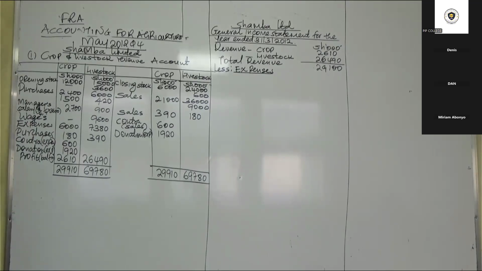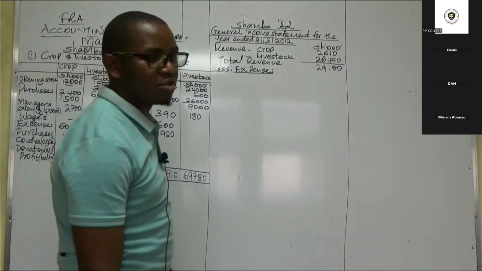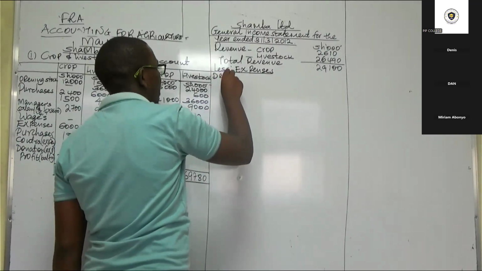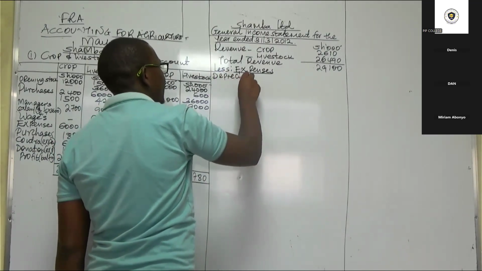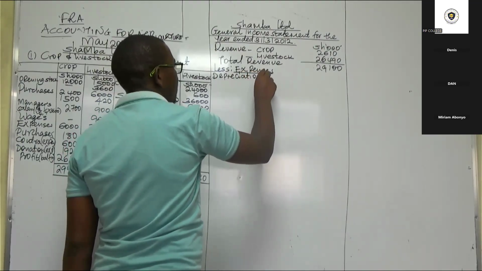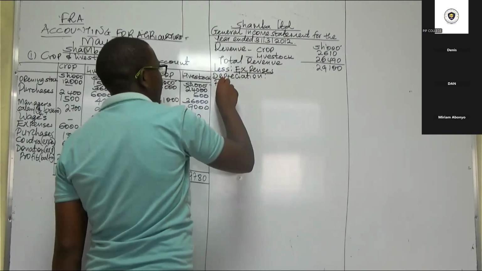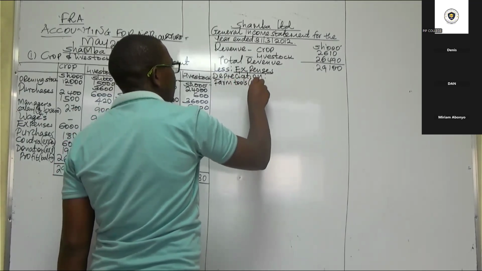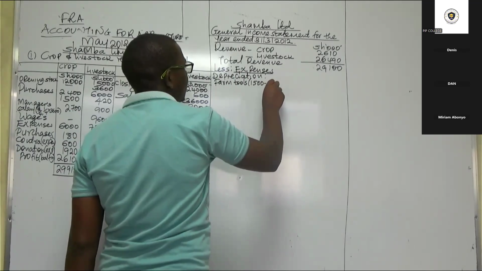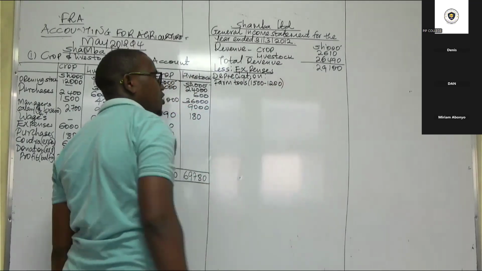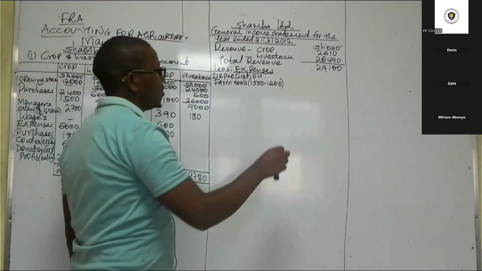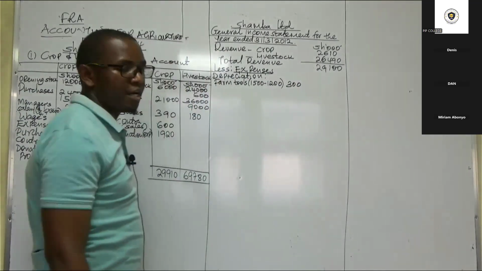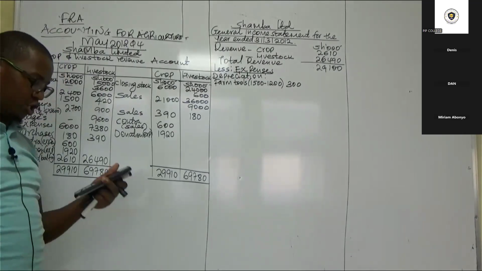So they have reduced their value to how much? 1,200. That is depreciation. So I will have depreciation first. Farm tools. For farm tools, it was 1,500, but now it is at 1,200. They have reduced it by how much? 300. They have lost value by 300. And that is the depreciation.